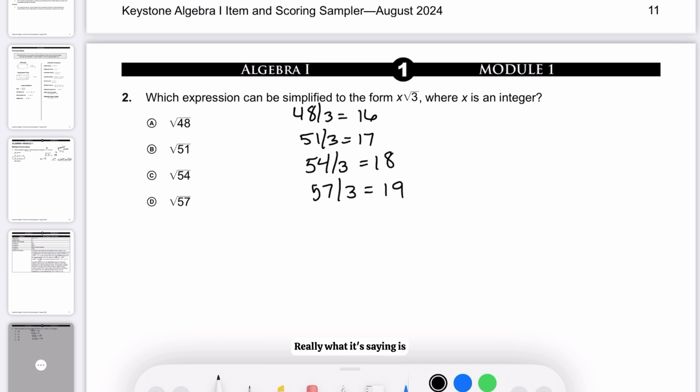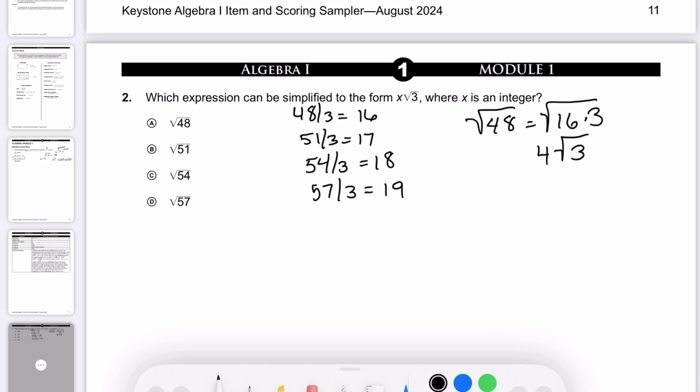Really what it's saying is, right, if I simplify a number, so if I have the square root of 48, that is equal to the square root of 16 times 3. Okay, I'm going to get 4 times the square root of 3. This is 4 times the square root of 3, which this could be x.